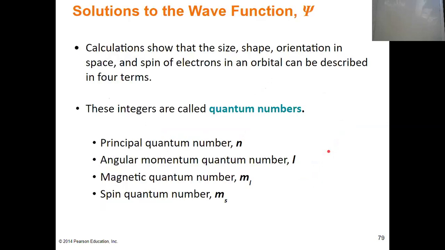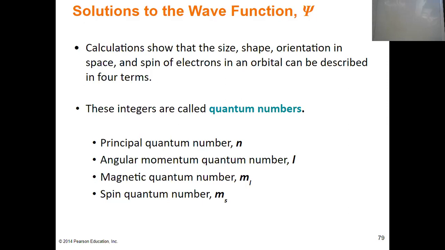We can represent the location of an electron in an atom using what are called quantum numbers. The quantum numbers of an electron pinpoint its location and its properties as much as we can.